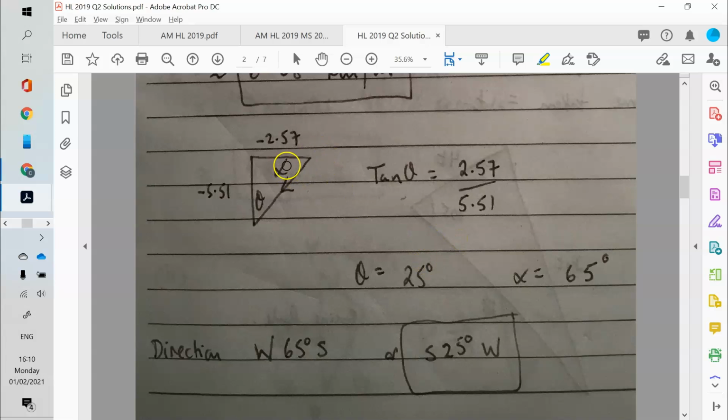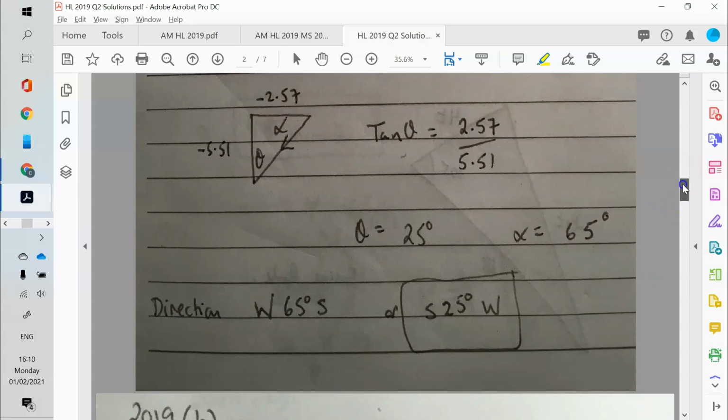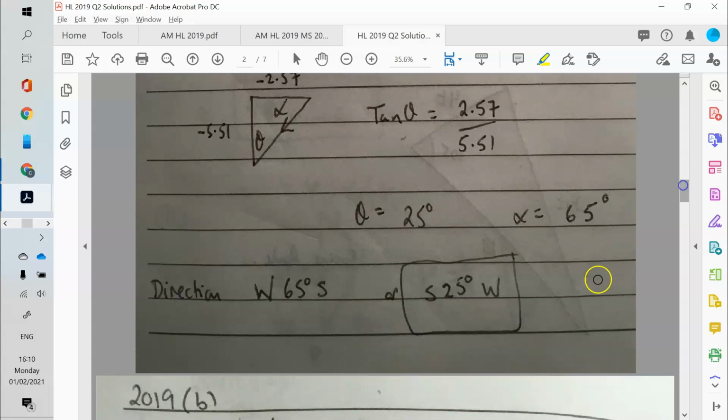We could have inverted this and got alpha, which was 65 degrees. So just as we give our solution, we need to state which direction we're talking about. So either we are saying that we're going west 65 degrees south, or we're going south 25 degrees west.